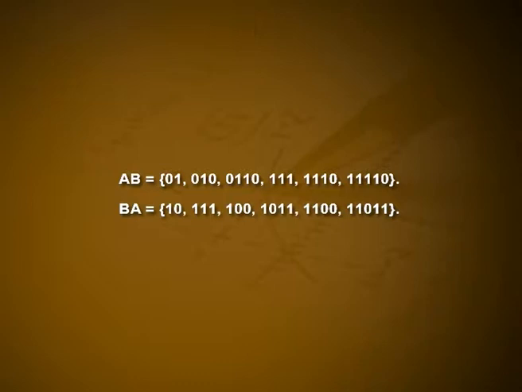The set BA contains every concatenation of a string in B and a string in A. Hence, BA is the set {10, 111, 100, 1011, 1100, 11011}.